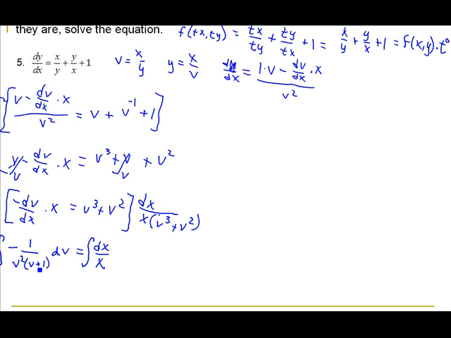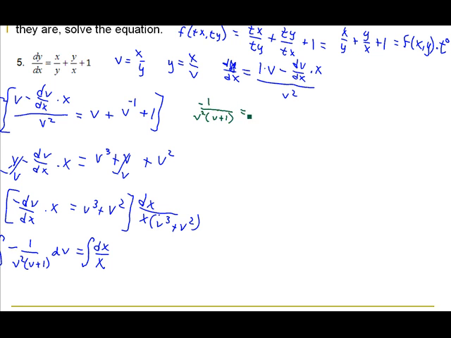So, because we have fractions, we're going to use partial fraction decomposition. And so on the left side, when I take this fraction, I've got negative 1 over v squared times v plus 1.